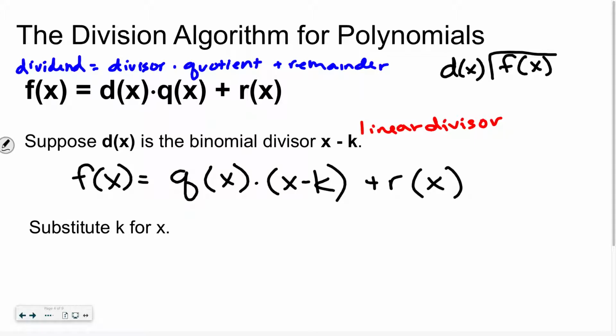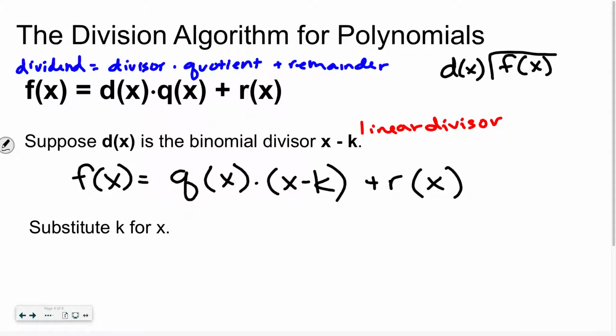So if my d of x is x minus k, the linear factor, I could divide that with polynomial long division, or I could divide it with synthetic division. What would I put outside of synthetic division? Put out a k, right?